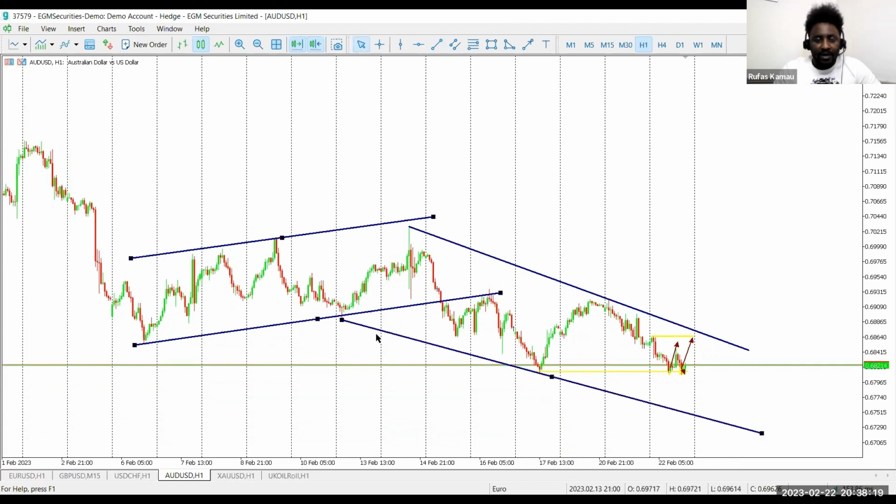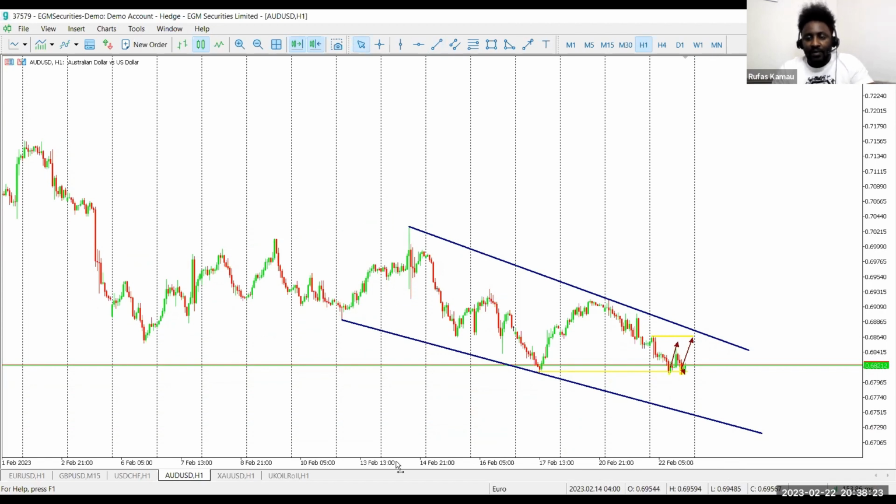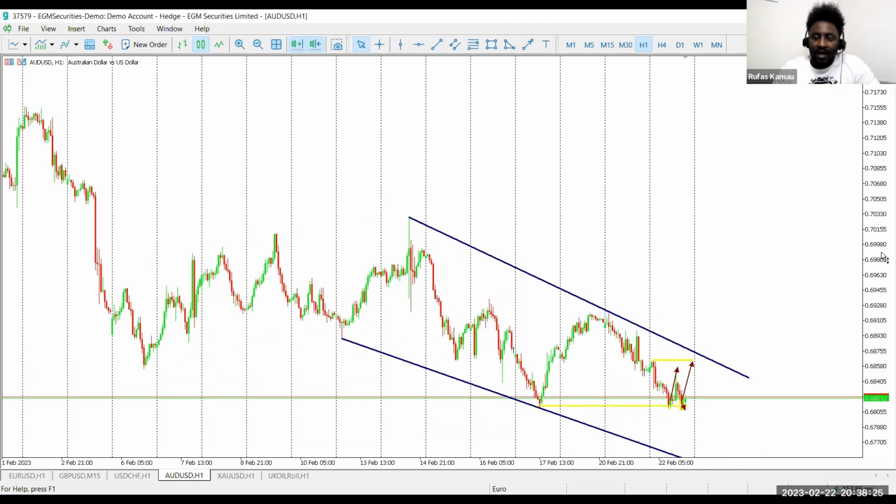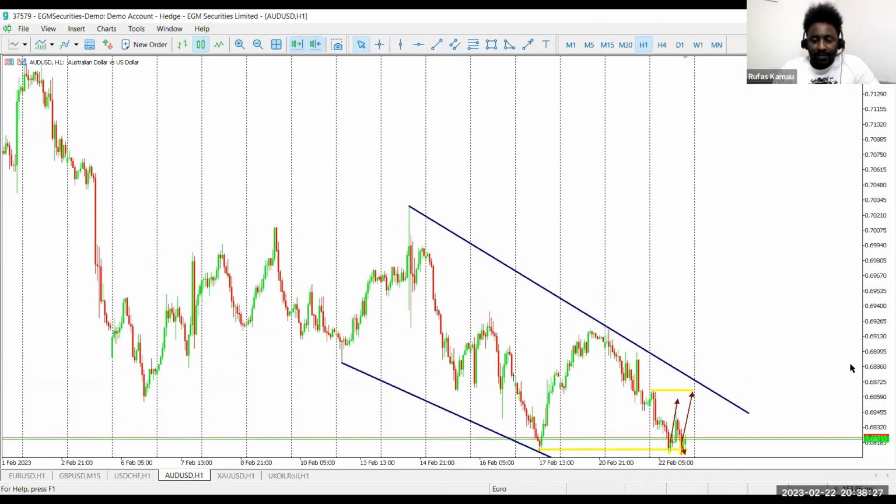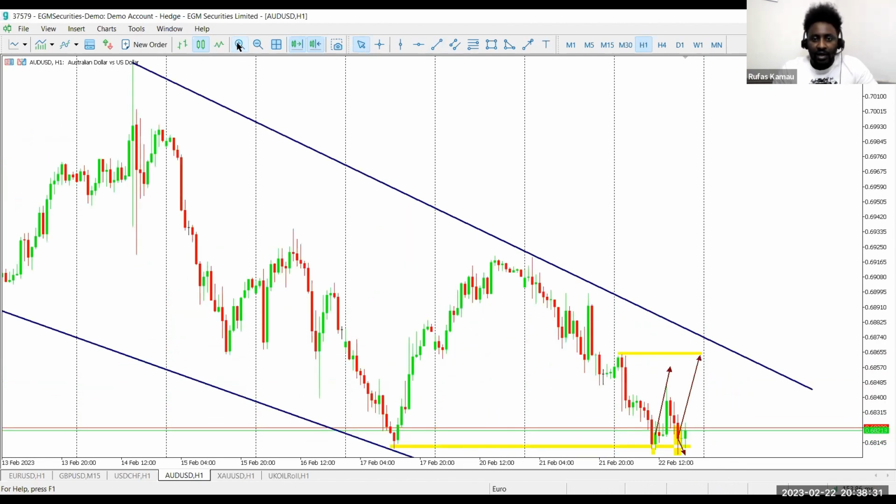And the FOMC meeting minutes could have an influence on this. So the way the market performs after this could be influenced by the news. However, as per now, as long as we are not expecting any news to be moving the markets, the idea is that there was a liquidity grab here and the market could be headed back up towards the upper trend line.